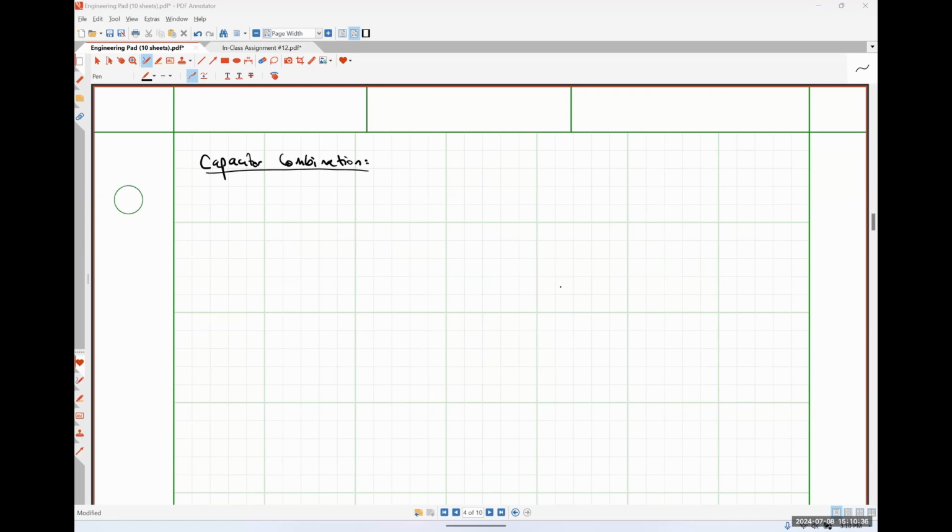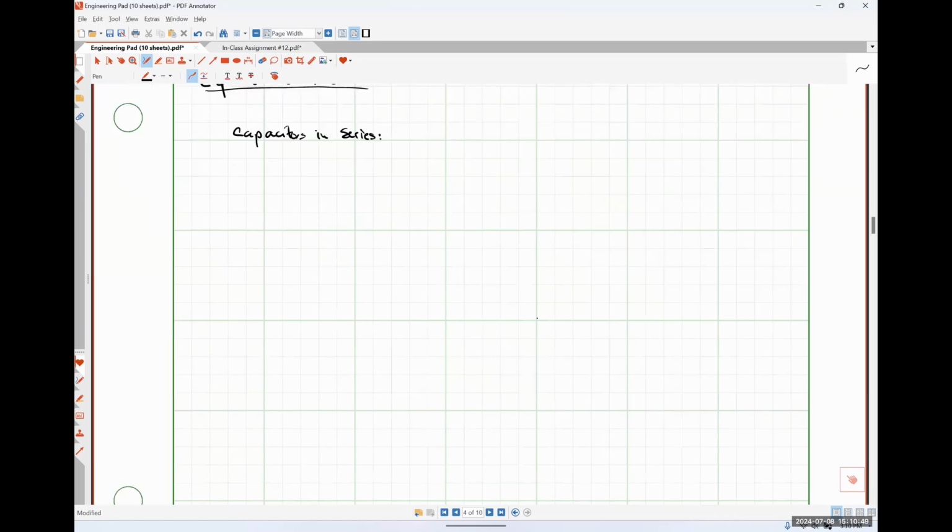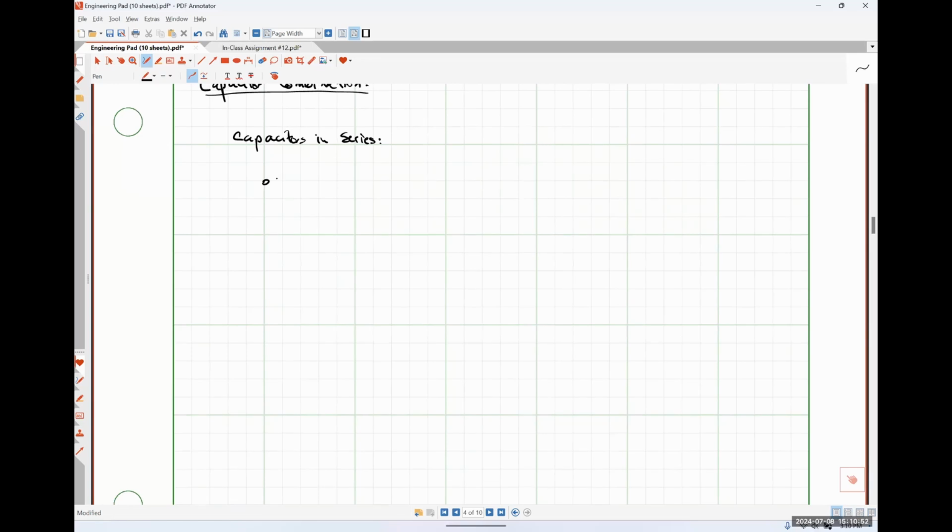All right, so let's look at capacitors in series just really quickly. Let's say that I have a network containing some number of capacitors connected in series. So let's call this guy C1. Over here, we'll have C2, all the way out to some capacitance C sub n, like so.